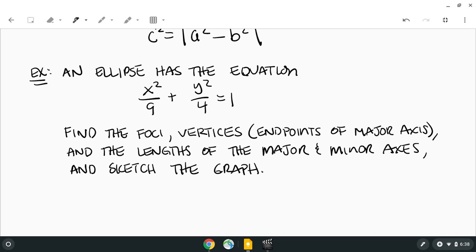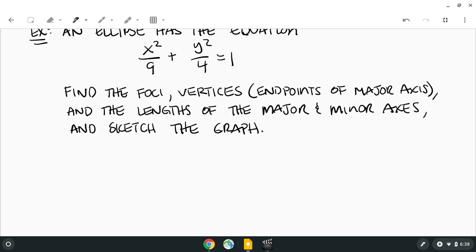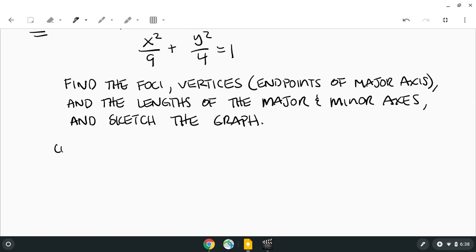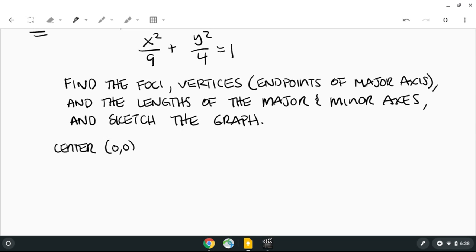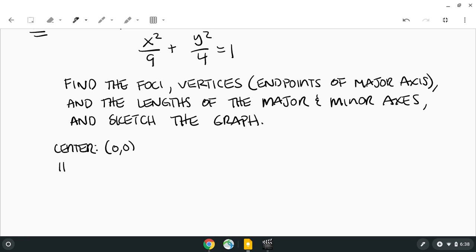Okay, so let's take a look. Just from looking at the equation, I know that the center is at 0, 0. And I know my horizontal length is going to be, square root of 9 is 3, so 2 times 3.